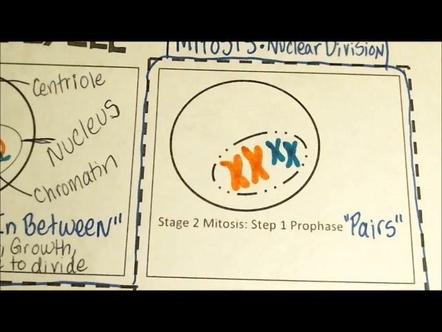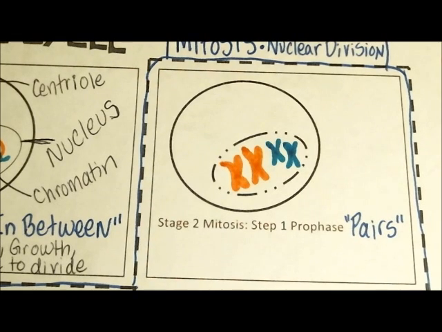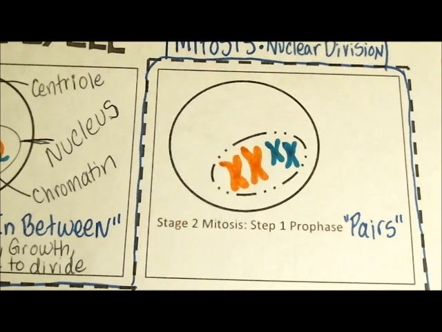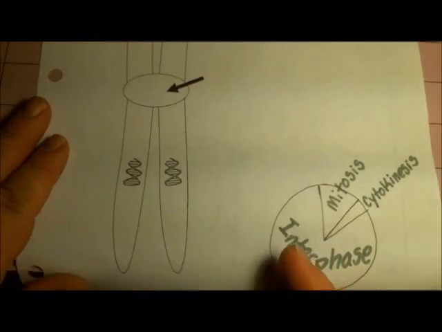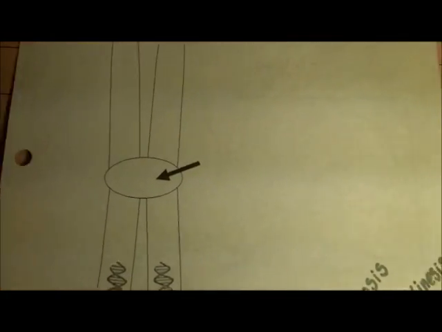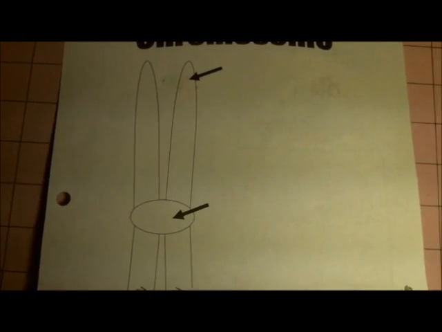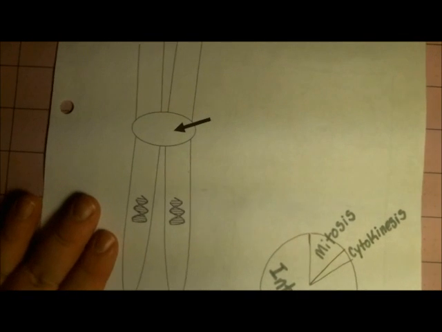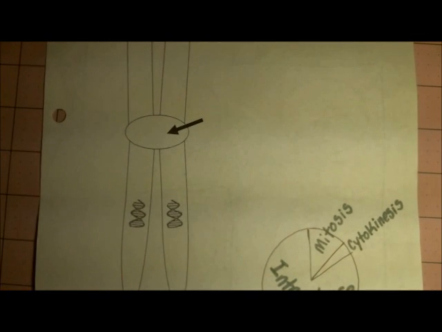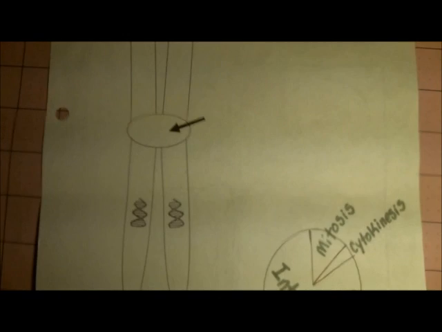And notice those chromosomes are in pairs. So we're actually going to flip the paper over because we want to see a little bit more detail about this chromosome. So now we're on the back and we're looking at the chromosome. And the chromosome has several parts.